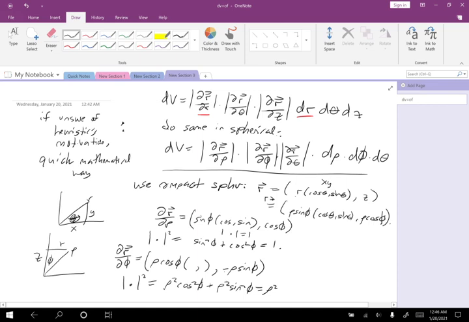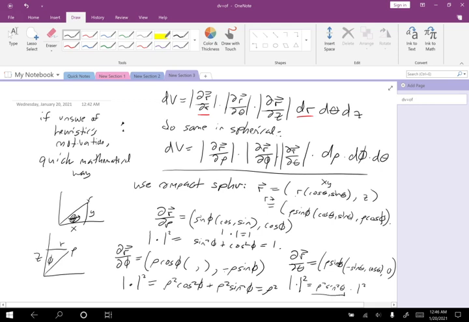So now if we do this finally with respect to theta, now the outside circle does not do anything. So rho sine phi, and so now it's just the inside circle that changes. So it changes to minus sine theta, cosine theta, and then finally our last term is just 0. So now if we take the length of this, all we need to do is just square the first coefficient, because again, sine squared plus cosine squared equals 1.